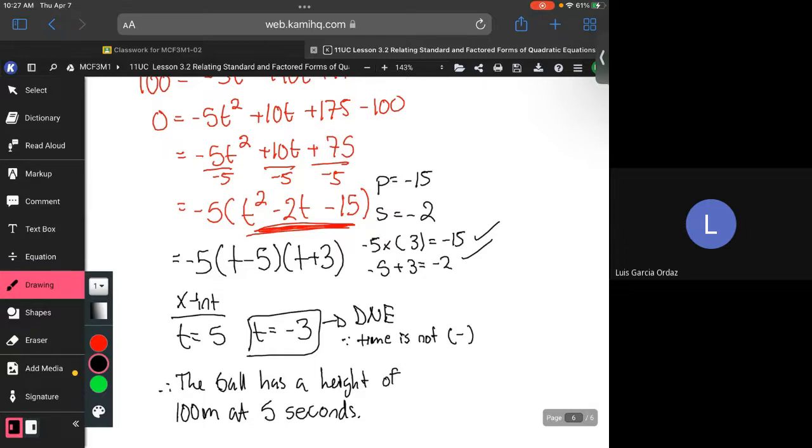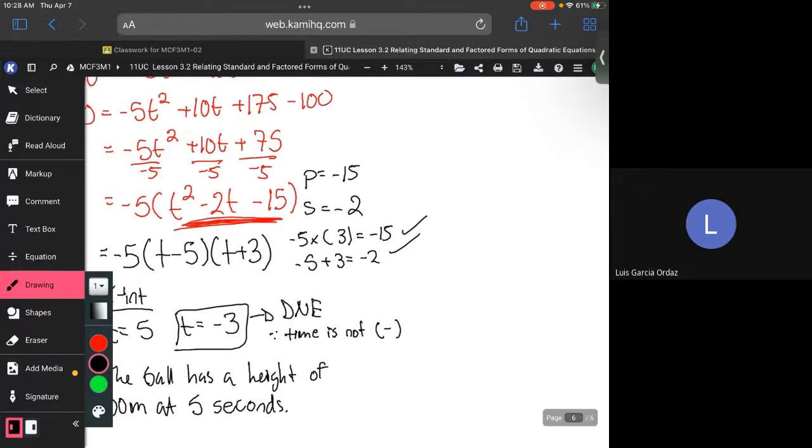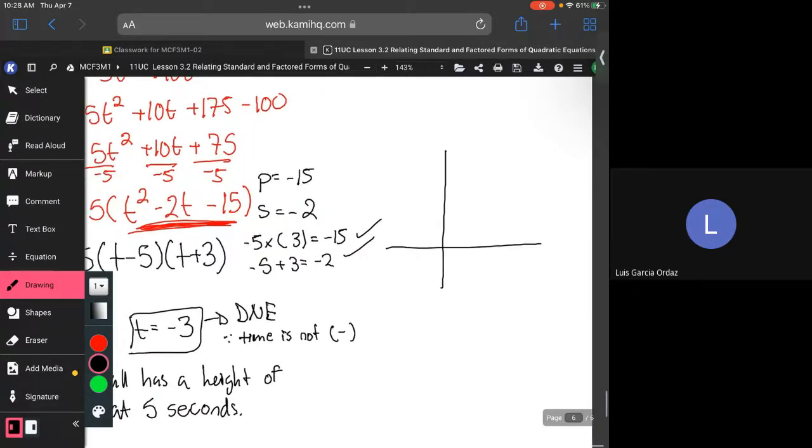Yes. Will one of them always be negative so we know which one to use? Sometimes both of them may be positive solutions. So it might be that the ball hits the same height twice. Because if you think about it, a parabola is just a U-shaped graph, right? So if I draw it like this, how many times do I hit the same height? Twice. Okay.